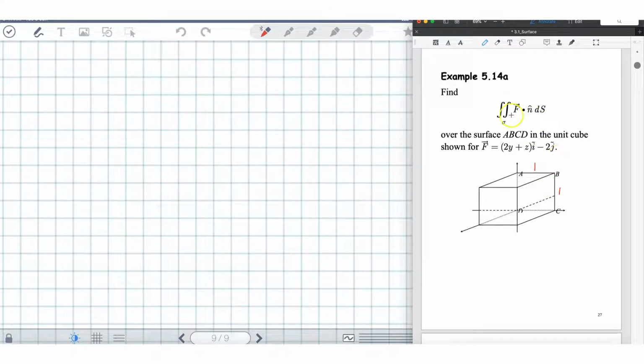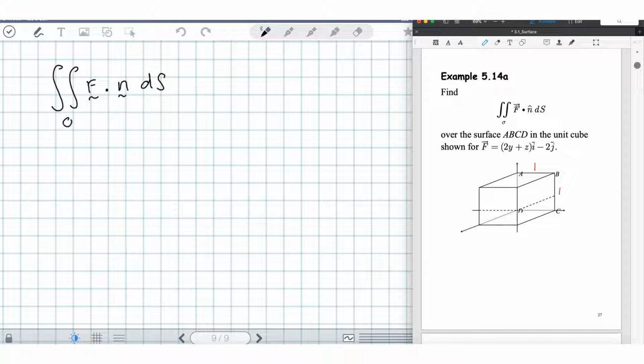So now we want to find, remember I taught you before, how can we evaluate the surface integral when we have the vector field? In general, the surface integral is F dot n dS, where S is a portion of the surface.